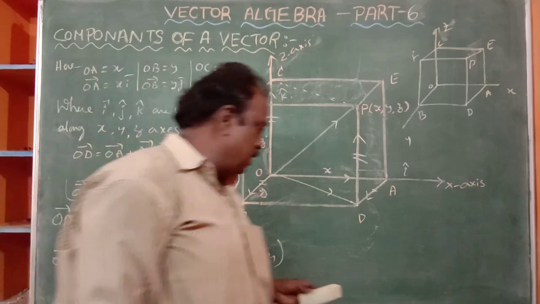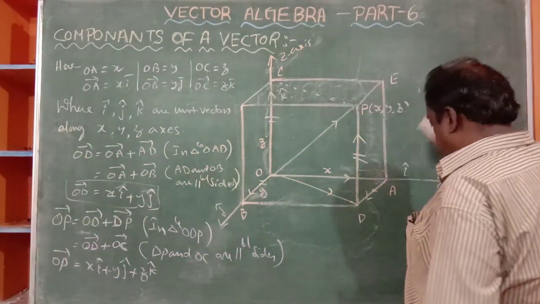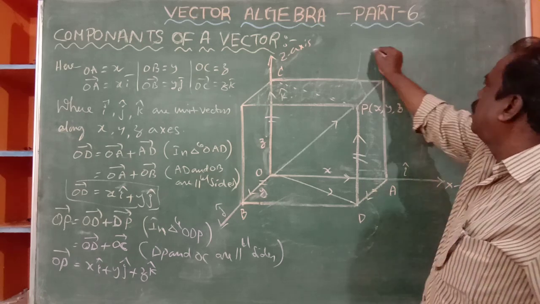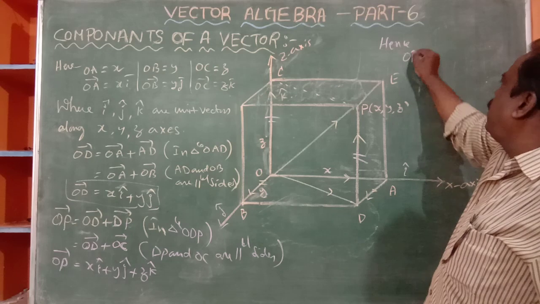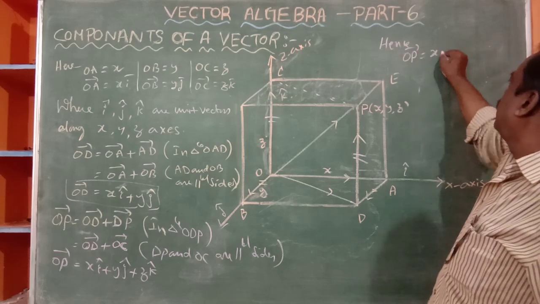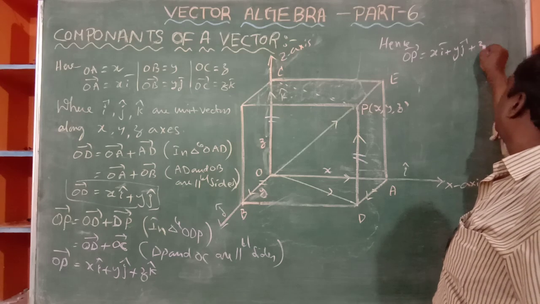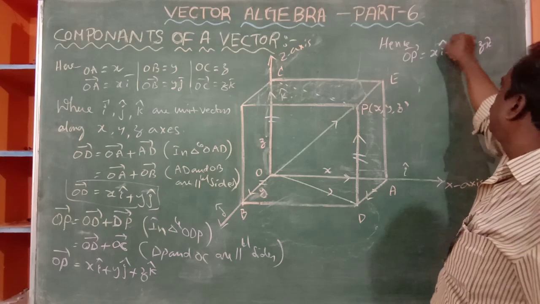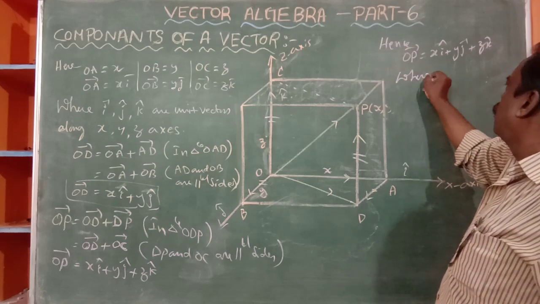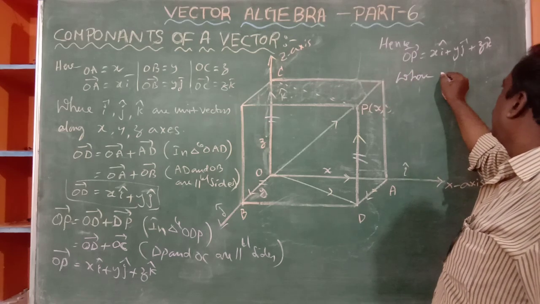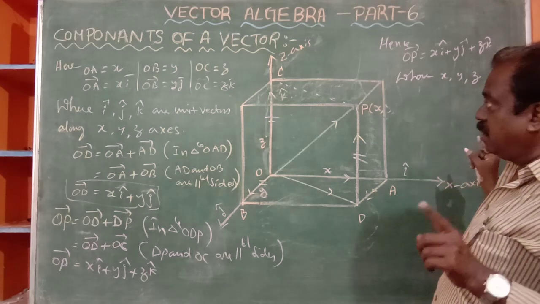Now the final. Observe me. I will write here. Hence, OP bar is equal to x i, y j, z k cap, where x, y, z, not put in a bracket.